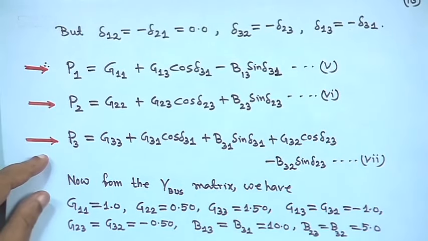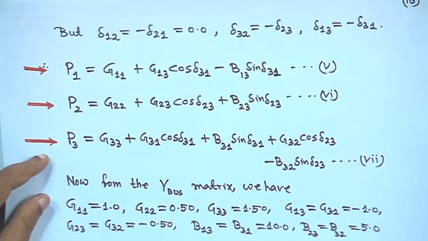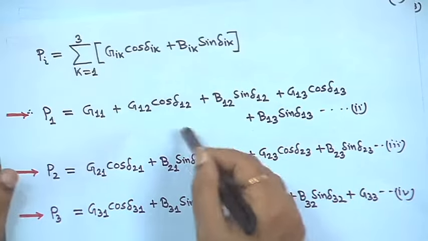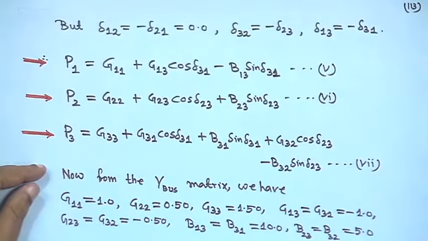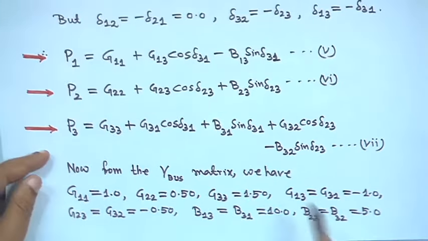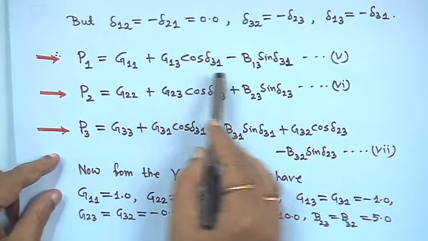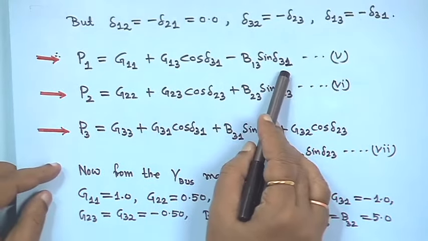So, in the equations for P 1, P 2, P 3, you substitute delta 1 2 is equal to delta 2 1 is equal to 0 and the other relations. If you do so, you will get P 1 is equal to g 1 1 plus g 1 3 cosine delta 3 1 minus b 1 3 sin delta 3 1, right.